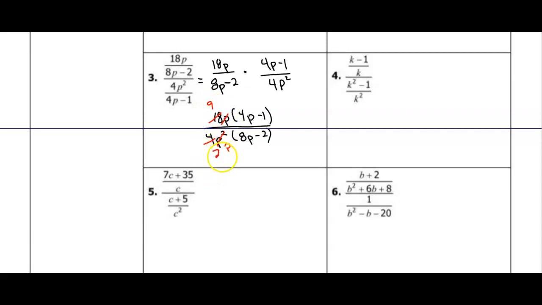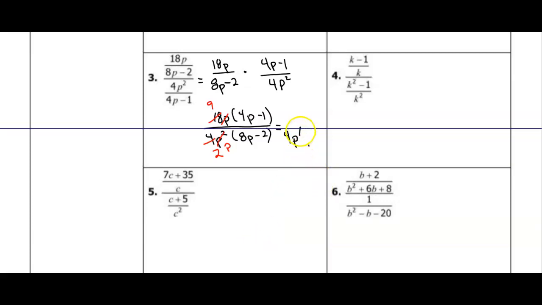4 becomes 2. Okay. I can factor out a 2 from here, but that isn't going to help me any. But just know that you could factor out a 2 from there. So if I factor out a 2 from the parentheses, I end up with 4p times, I'm sorry, 2p minus 1.